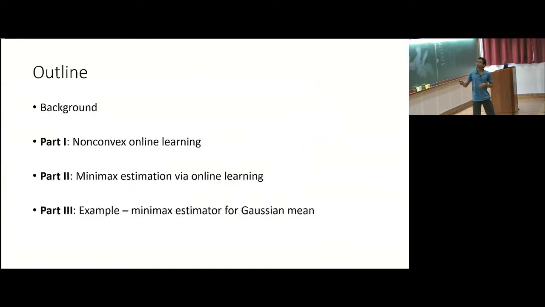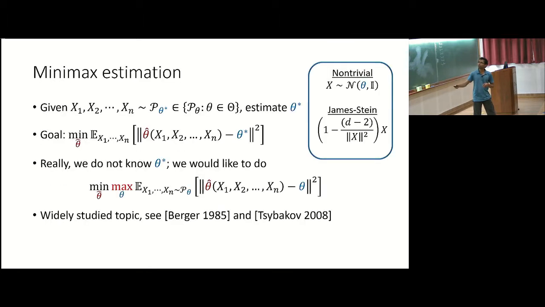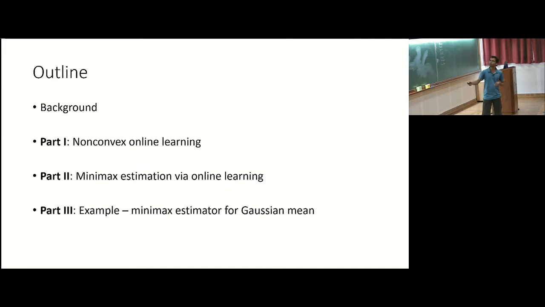So the rest of this talk, the outline is as follows. Broadly, I want to solve minimax problems of this sort. I'll first give you a background on what we know about how to solve these minimax problems. Then I'll briefly make a connection to online learning and see how we can solve minimax problems using online learning, but we'll not go into details at this point. Then I'll present the non-convex online learning setting and an algorithm for the setting.